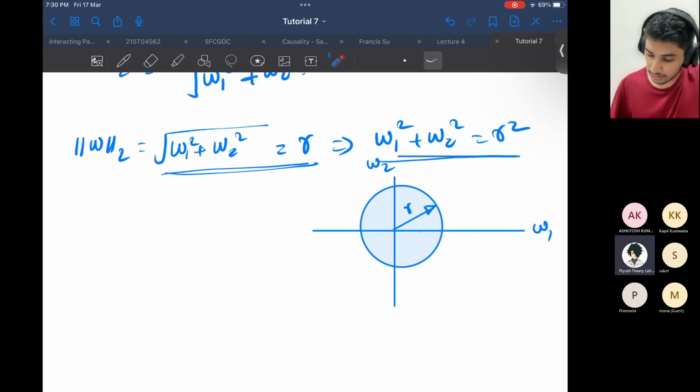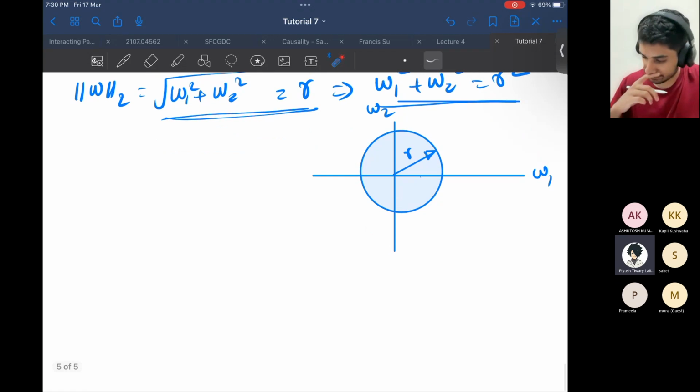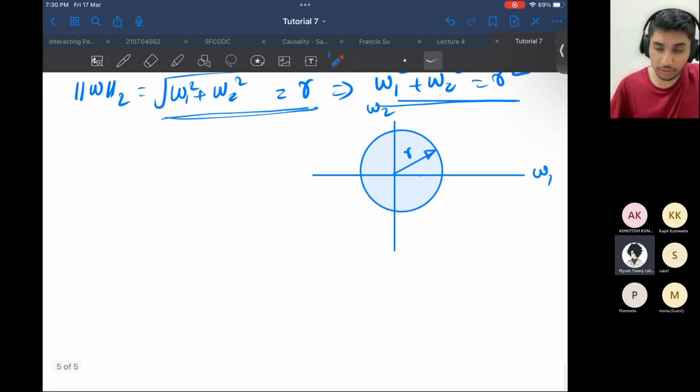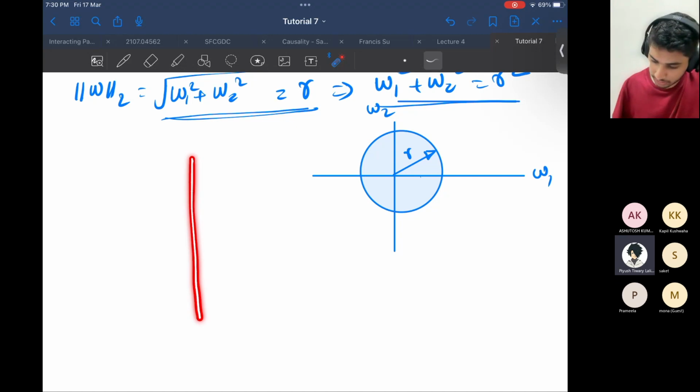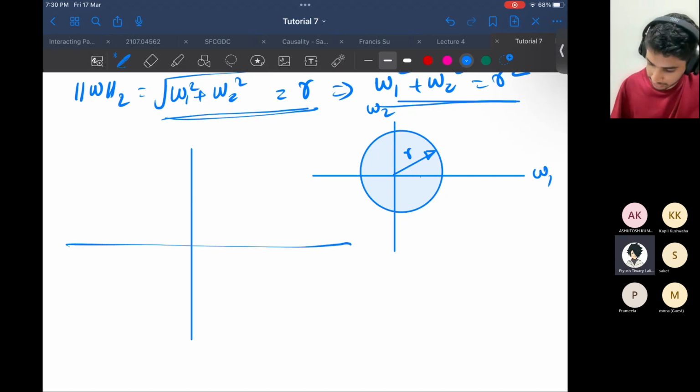Having said that, how would a contour plot for the norm of W look like? It would look something like this, right? This is the first axis. It would be concentric circles basically.